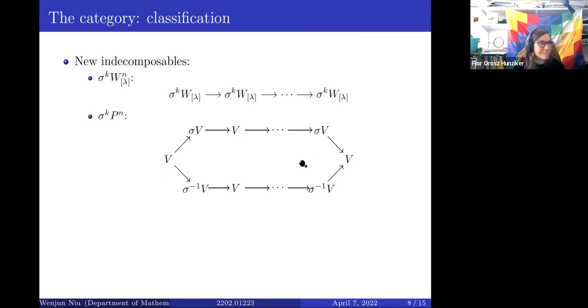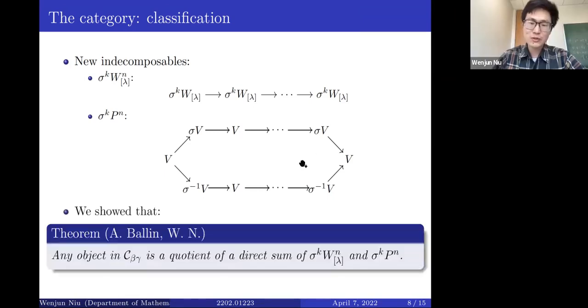Right, so the first thing we showed is that our category looks much bigger and seems hard to control, but it's actually not impossible to control it. We show that any object, no matter how complicated it is, is going to be a quotient of a direct sum of these guys.